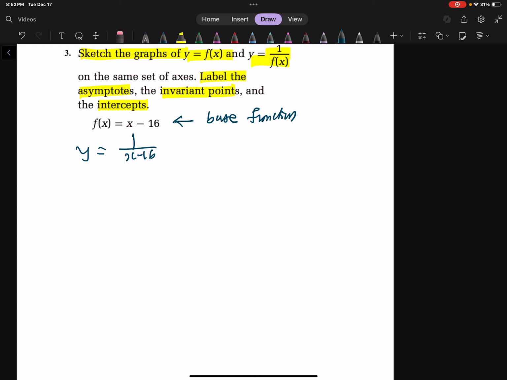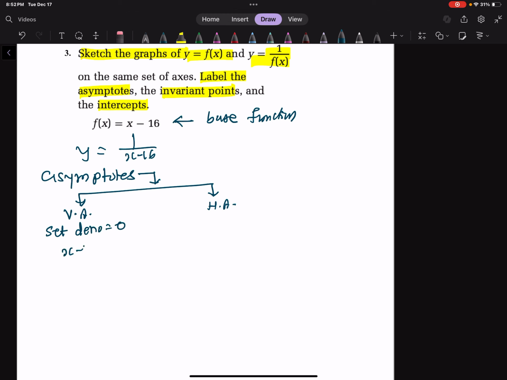To find the asymptotes, there are two: vertical asymptote and horizontal asymptote. To find the vertical asymptote, set the denominator equal to 0.